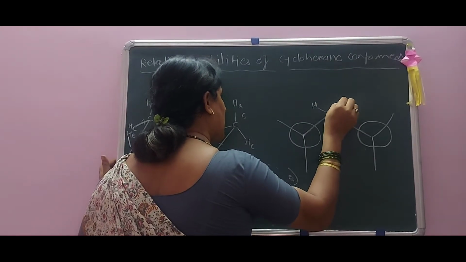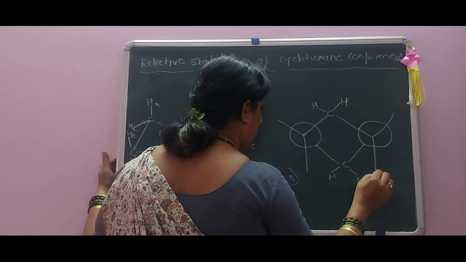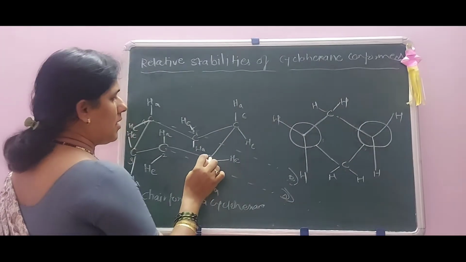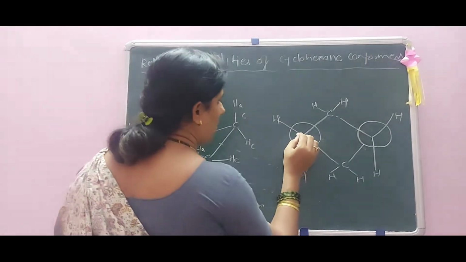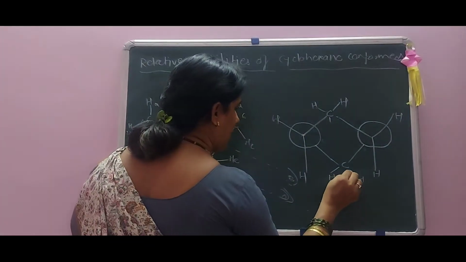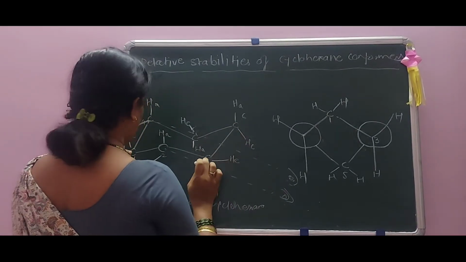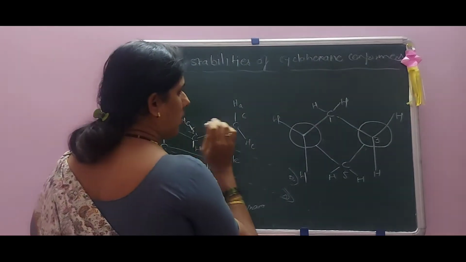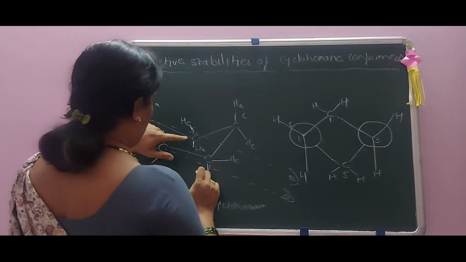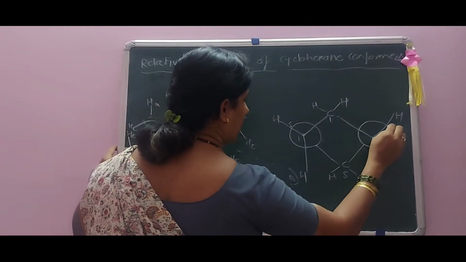C, H, H, H, H, H. Now we have to give the position numbers: 1, and here 6, 5, 3, 2, 4, and 6.